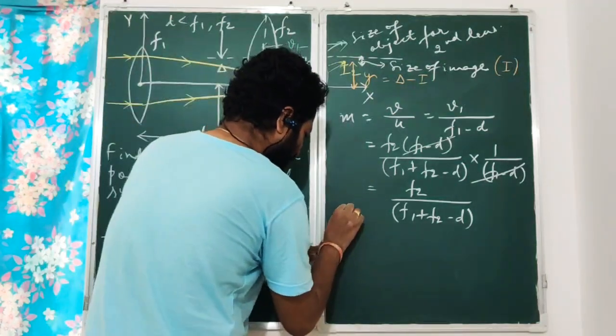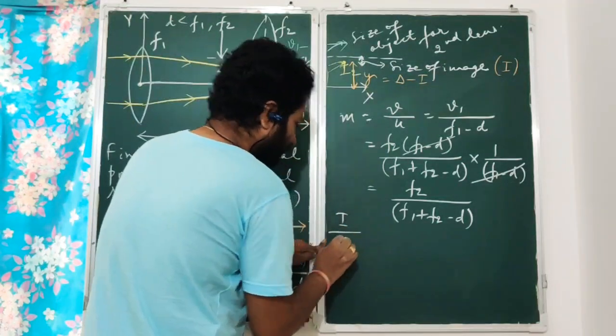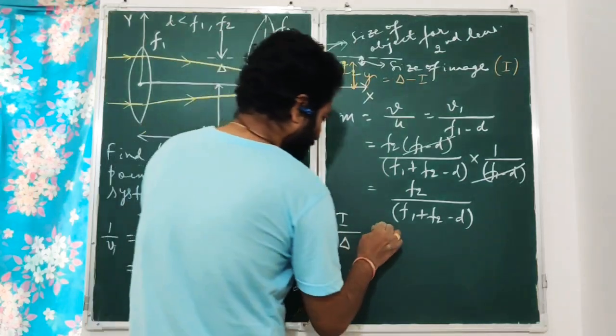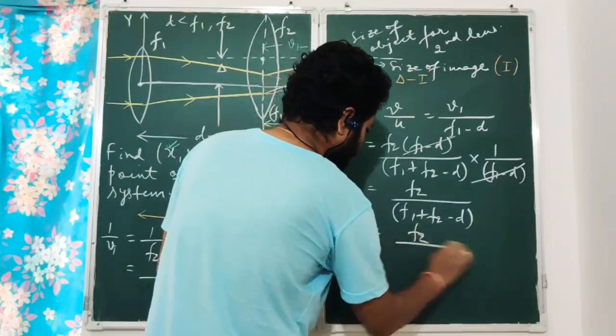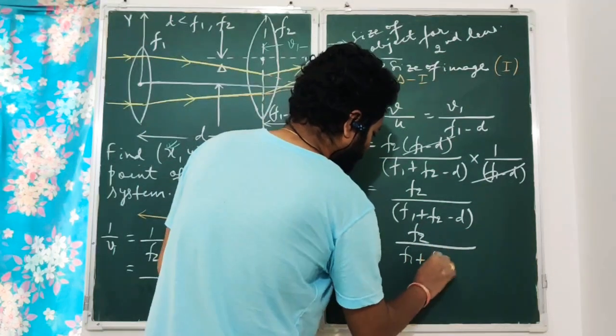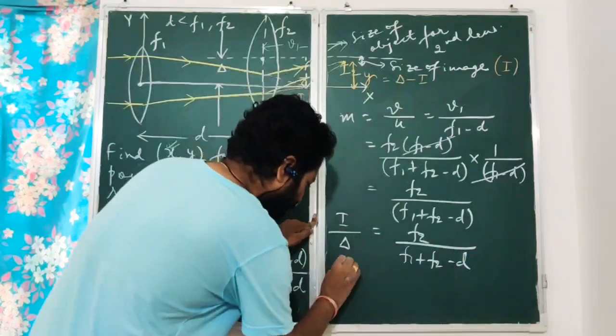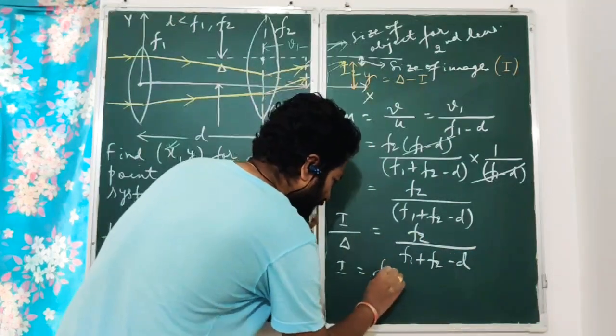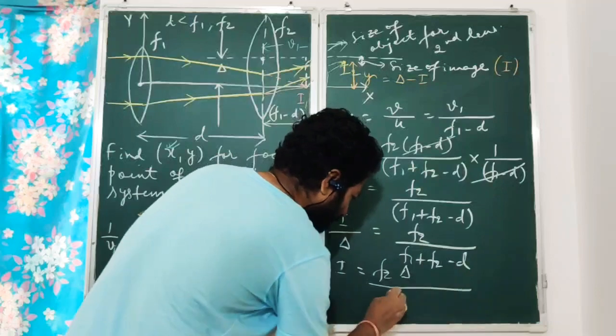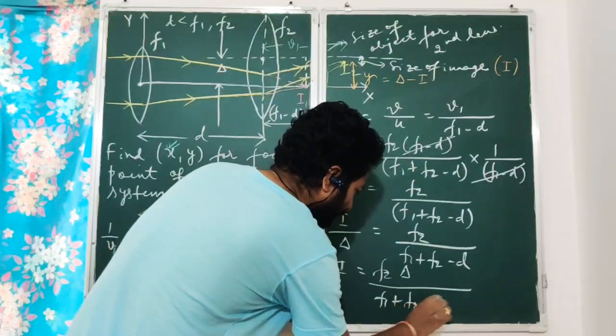So we can write size of image I by size of object delta, and this will be equal to F2 by (F1 plus F2 minus D). So what is I? It will be F2 into delta by (F1 plus F2 minus D).